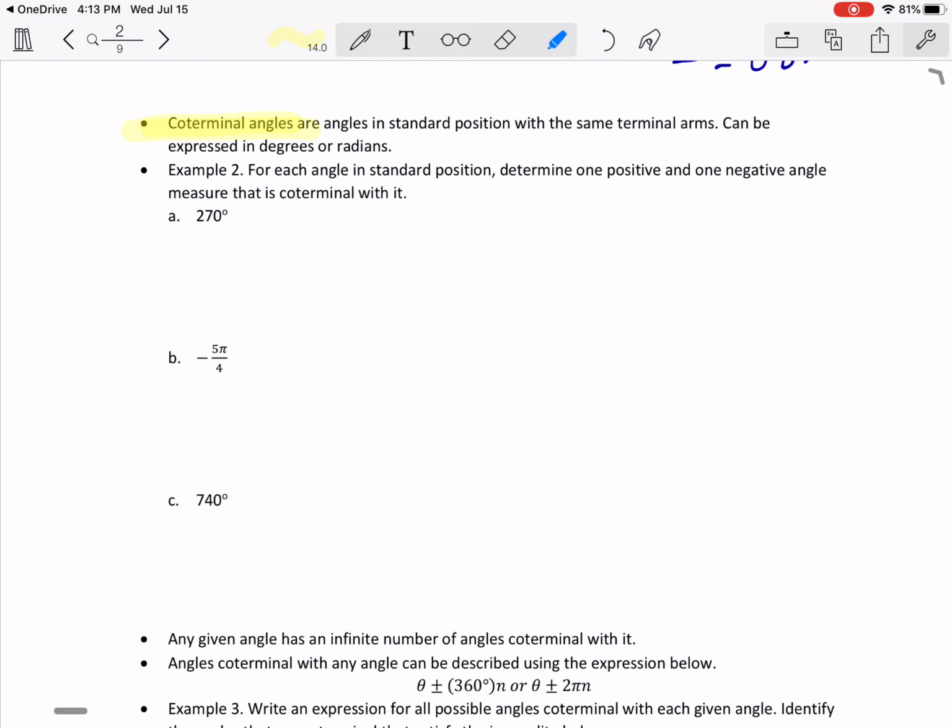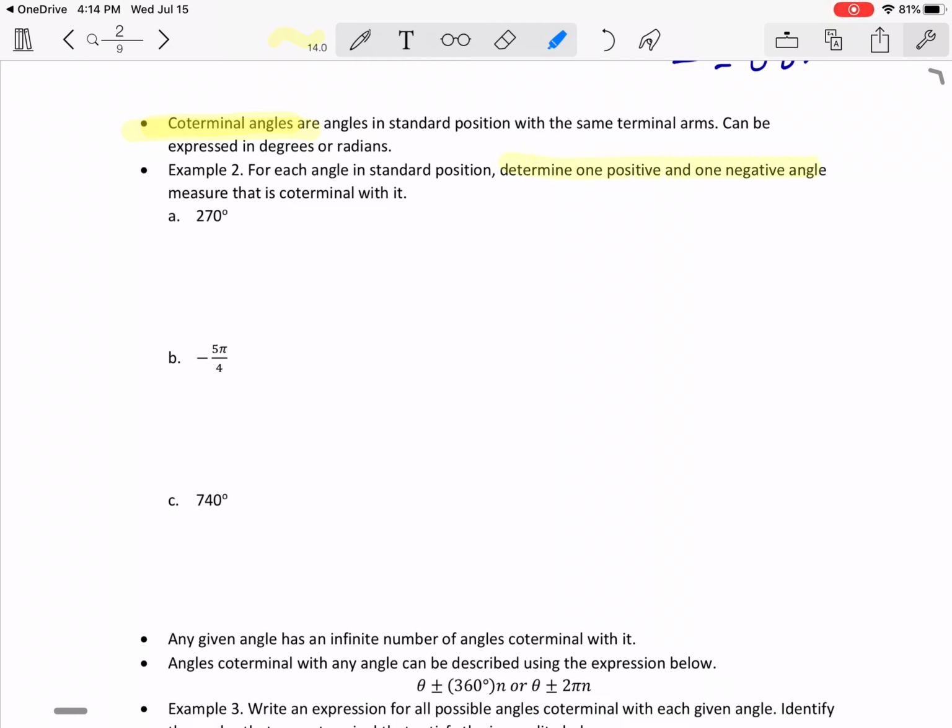Those are angles in standard position with the same terminal arm. You can look at this in degrees or radians. When they don't give you any inequality to fit within, there's basically an infinite number of answers. Here they're asking, given the angle or radians that we have, find one positive and one negative angle it's coterminal with.